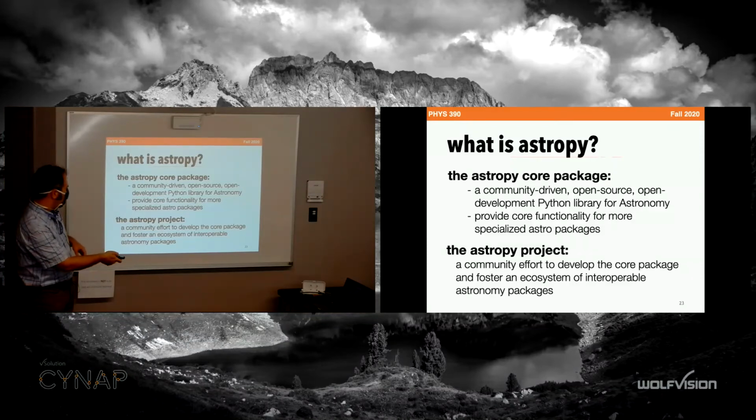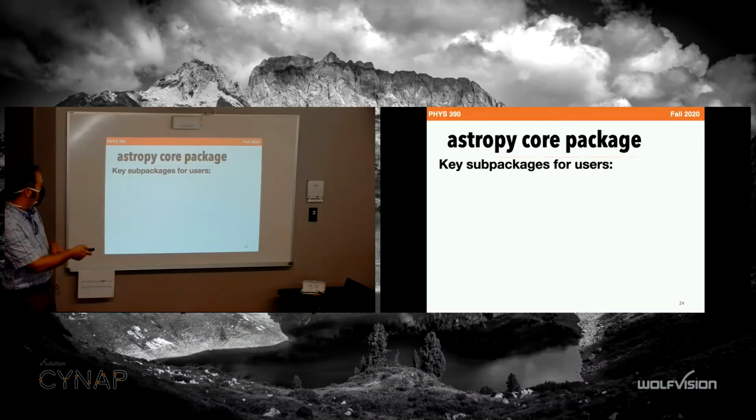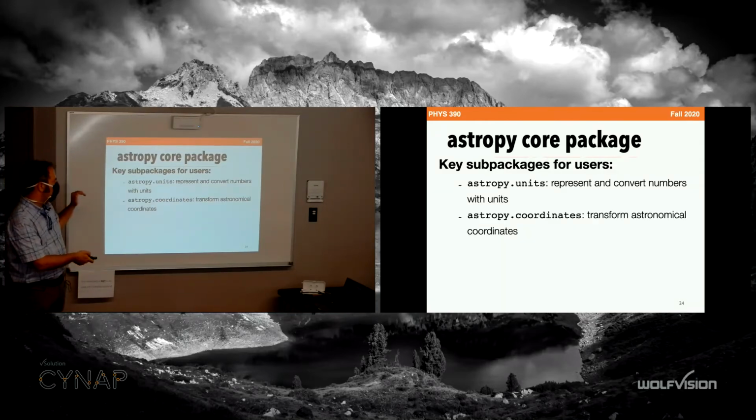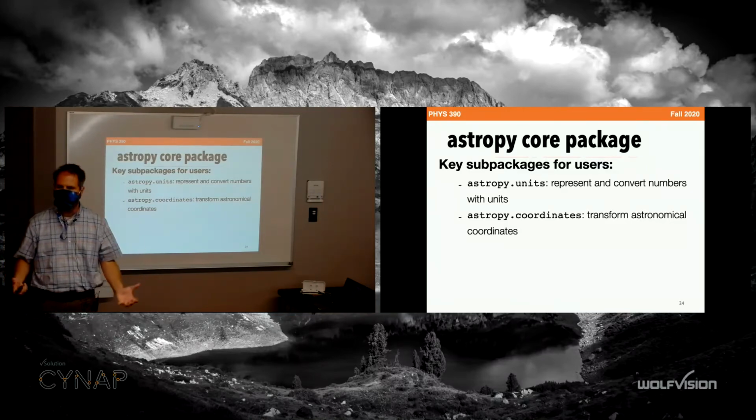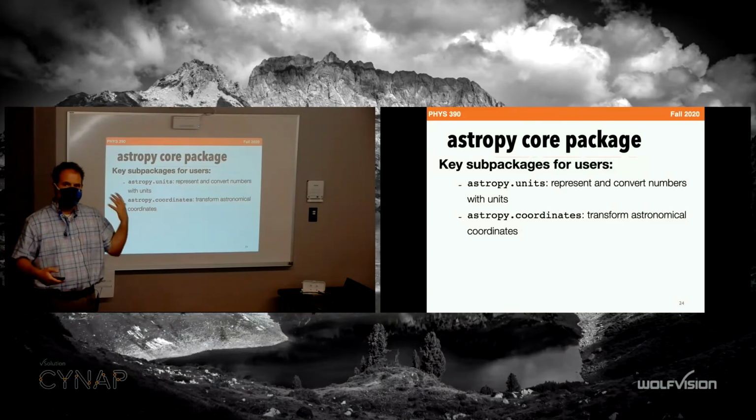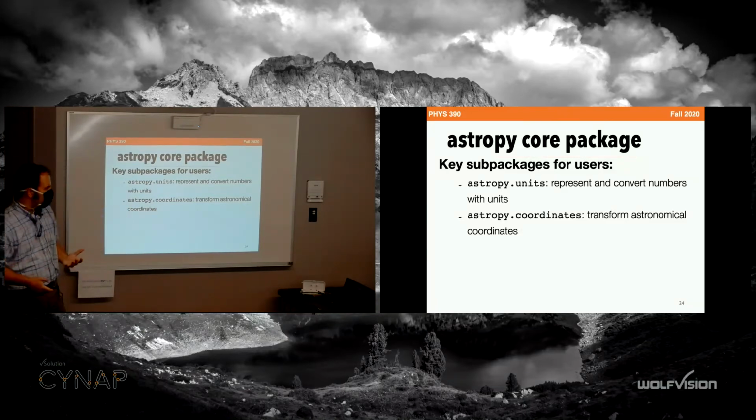So we have a core package. That has units, for example. Astronomy is full of specialized units. We all measure everything in solar masses. We measure distances in parsecs. Then there are even weirder units like Janskys. And we have coordinates to transform the astronomical coordinates, as I was saying.